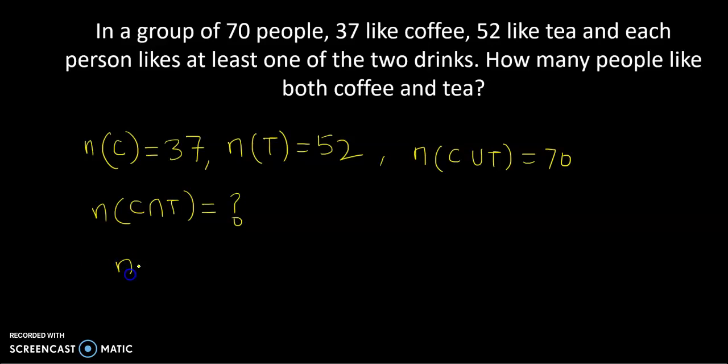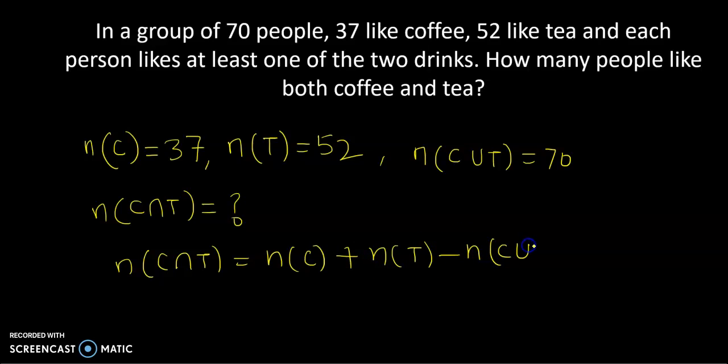So now let me write it in a very quick way. Number of people who like coffee plus number of people who like tea minus number of people who like coffee or tea, and I've derived it from the same formula. So I've taken the union on the right hand side and the intersection on the left hand side.